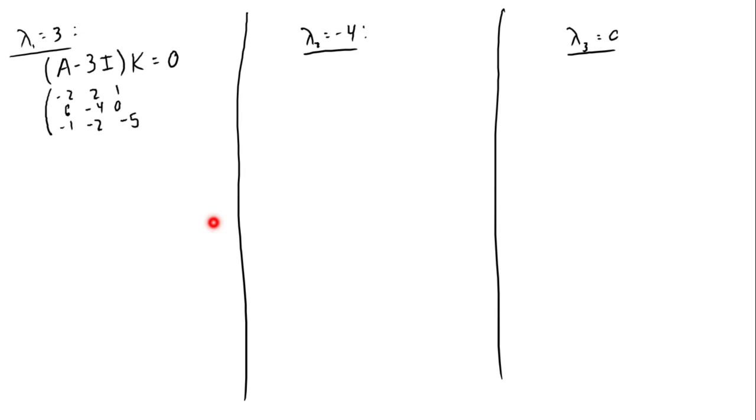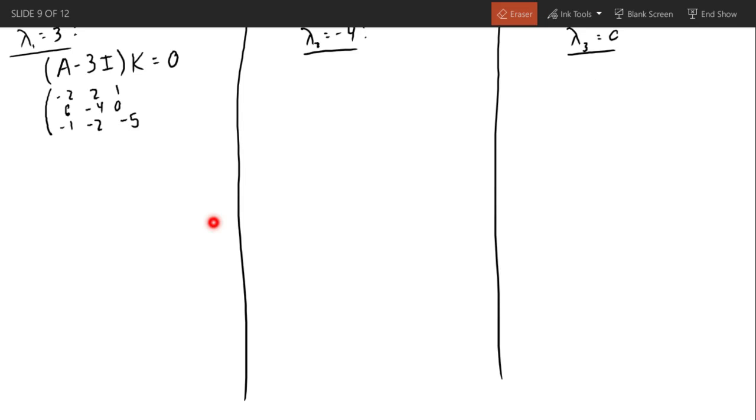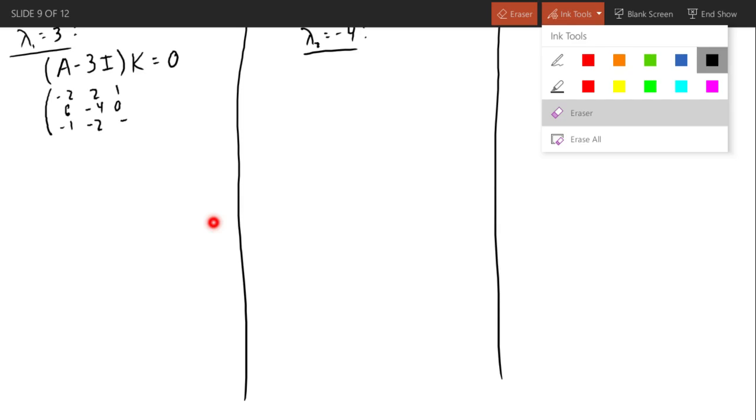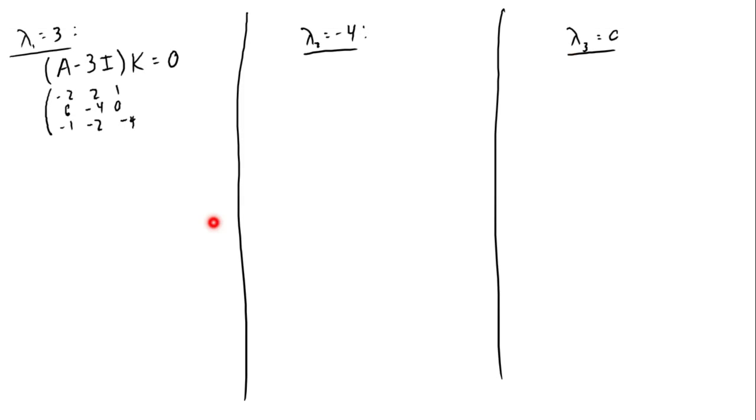Sorry, that last one was -4. Okay. So I took the main diagonal entries of A and subtracted 3 from each of them, and I didn't change any of the other entries.